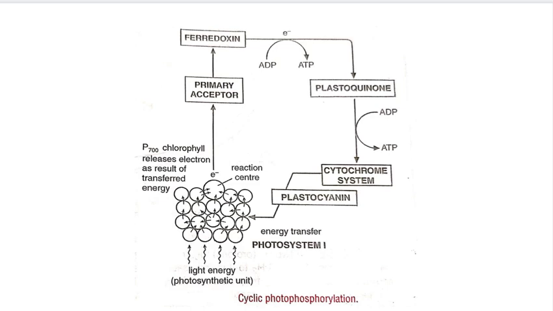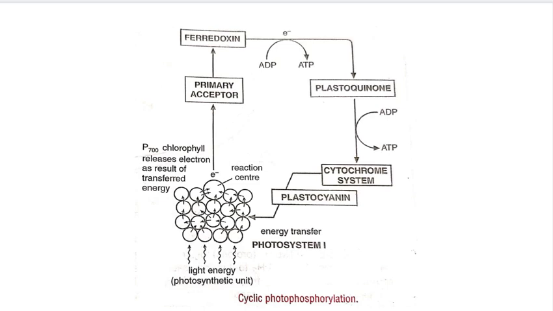So here photosystem 2 is absent and the NADP reductase enzyme is also absent. The electron expelled by the reaction center P700 does not pass on to NADP but returns back to the photosystem after passing through a series of electron carriers. The electron carriers are ferredoxin, the cytochrome system, and plastocyanin.